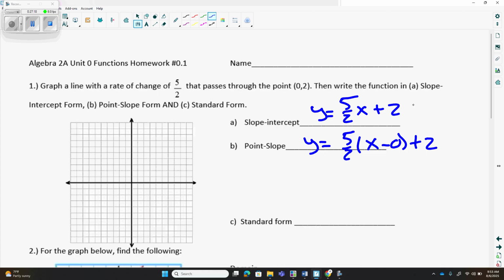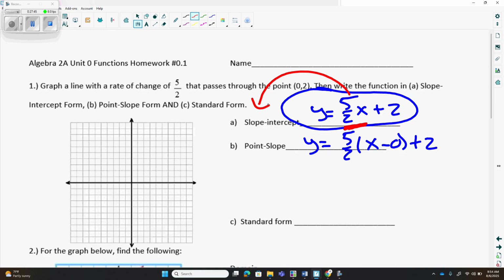Standard form. We're going to take this one right here and write it in standard form. Now, what was the pattern we did earlier? What did we do with the slope and the x there? Lydia had said distribute, but we really want to take that and do what? Yeah, subtract to the other side.